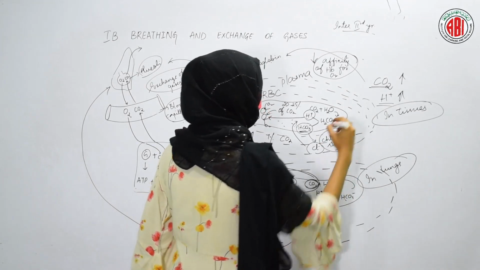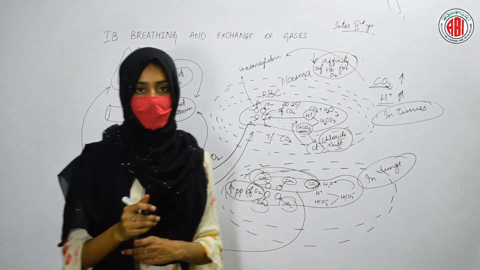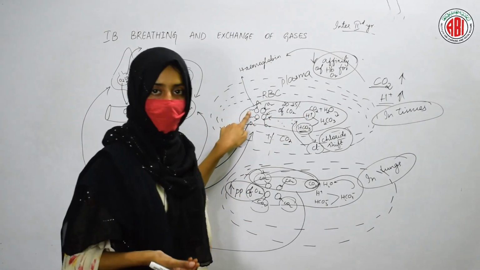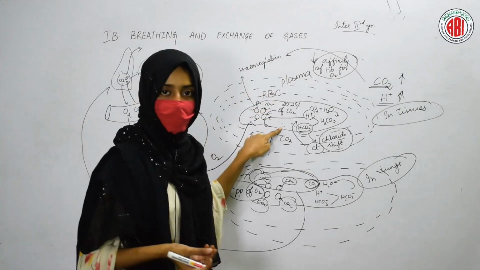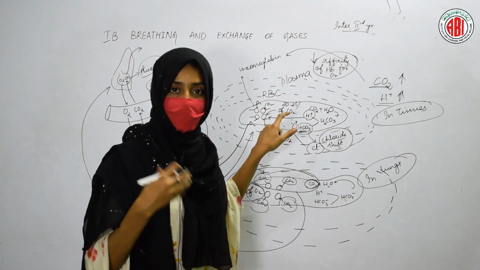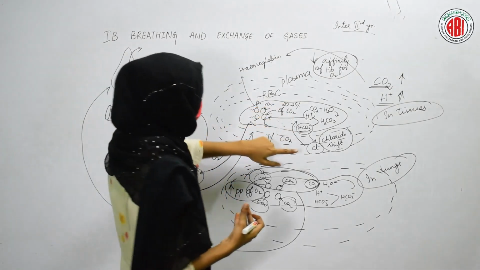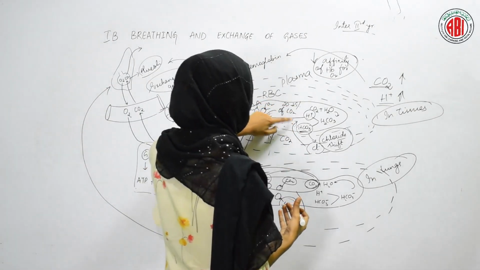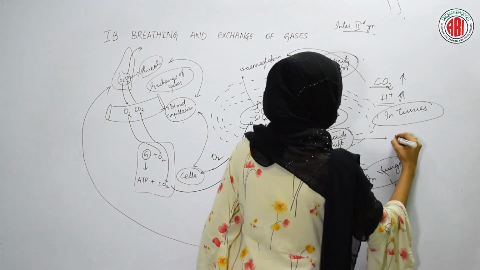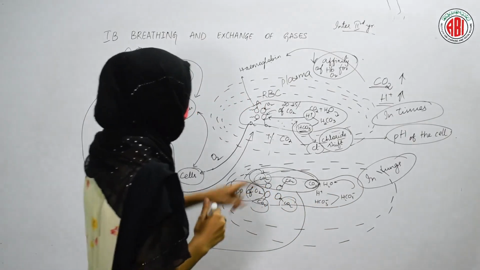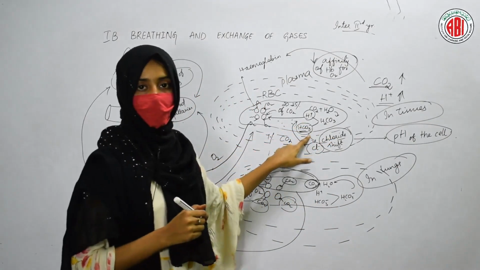This shift helps in maintaining the pH of the cells. H positive ions are going to bind to the hemoglobin, so there should be negative ions present in an equal amount so that the pH gets neutral, right? So the chloride ions move into the cell and maintain the pH of the cell. So the pH of the cell can be maintained by a reaction called chloride shift.